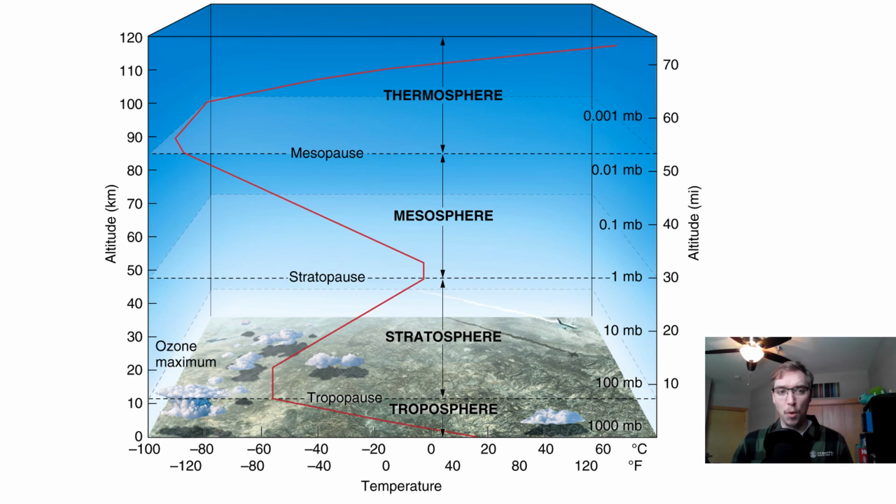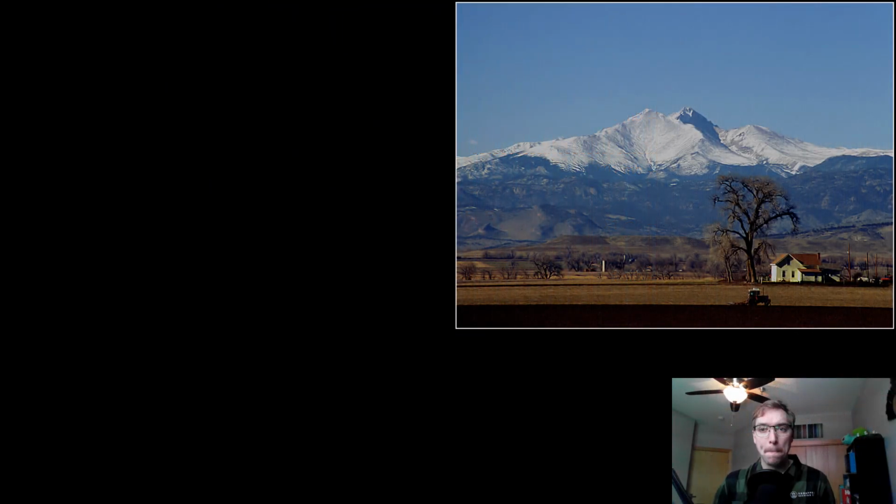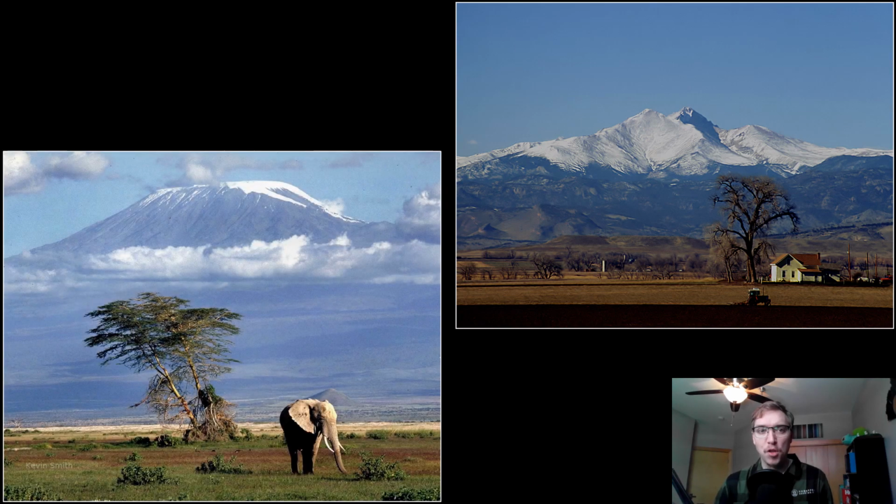Then, once you get into the stratosphere, mesosphere, and thermosphere, there are other controls there. But while you're in the troposphere, where we live and where Earth's surface resides, that distance from the surface is the driver of the major controls on temperature. It's why you can see snow-capped mountains, right?